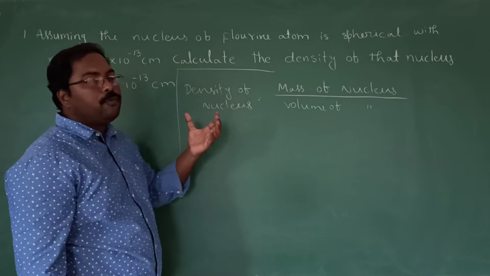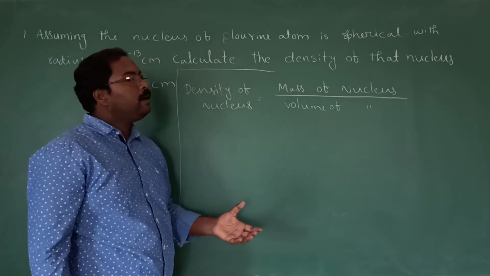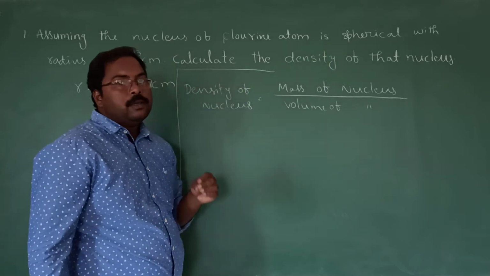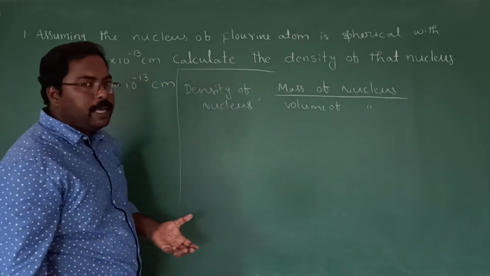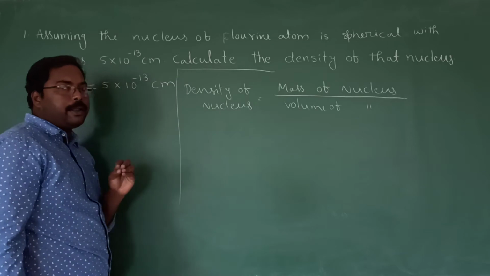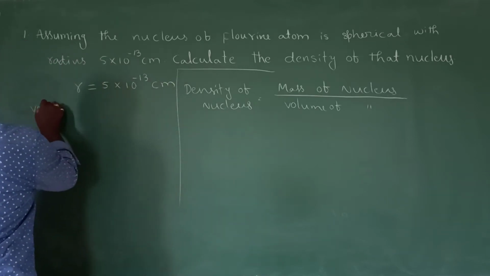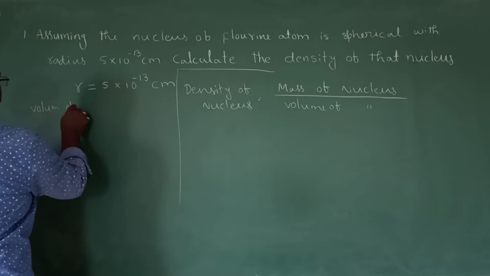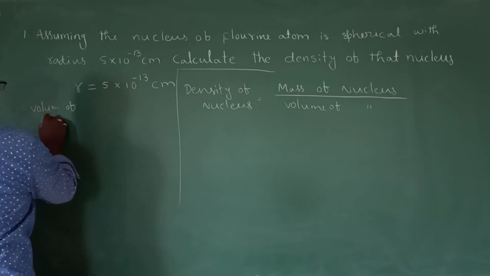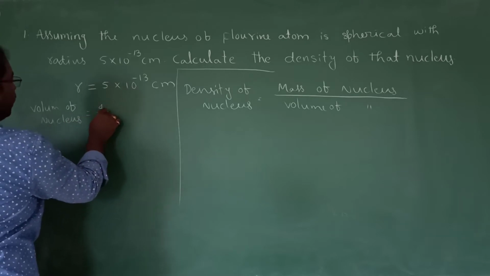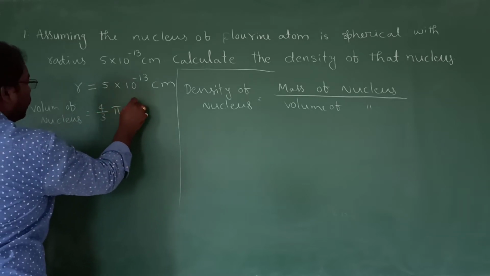What is the formula to find the volume of a sphere? Because anyway the nucleus is spherical in shape. We know 4/3 pi r cube. So volume of nucleus is 4/3 pi r cube.